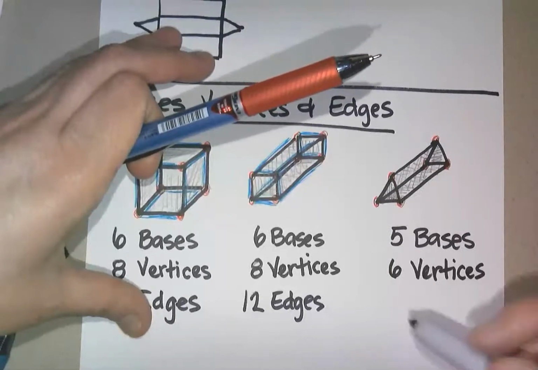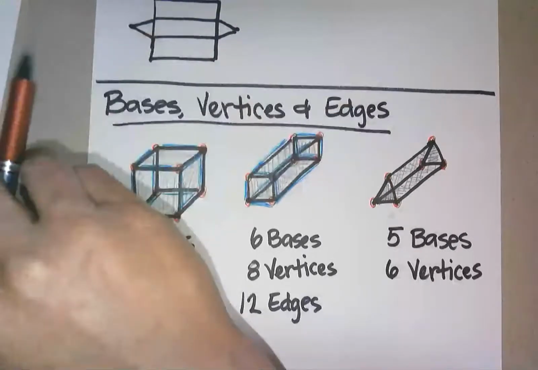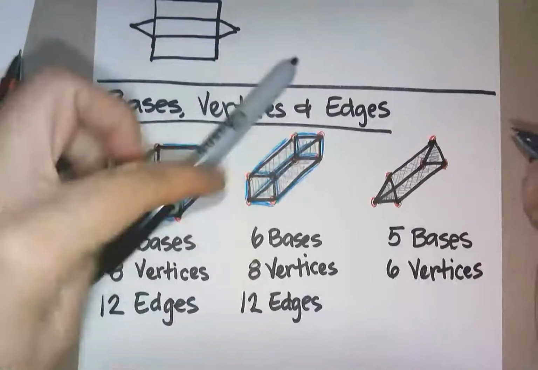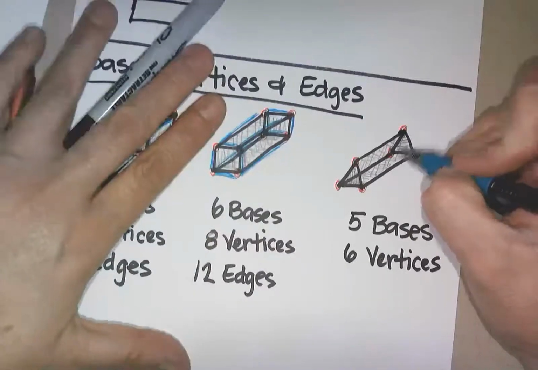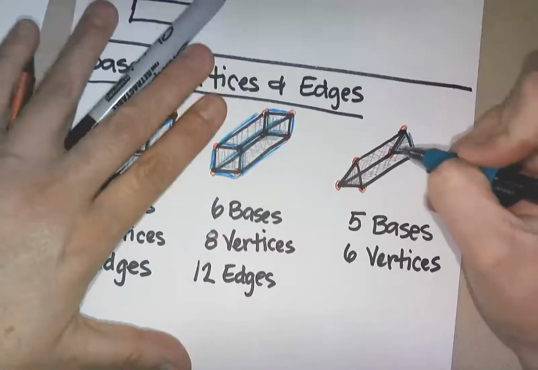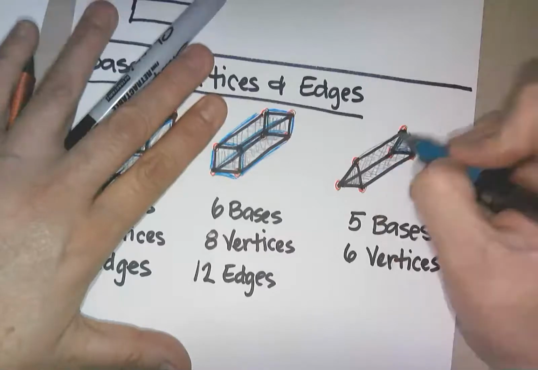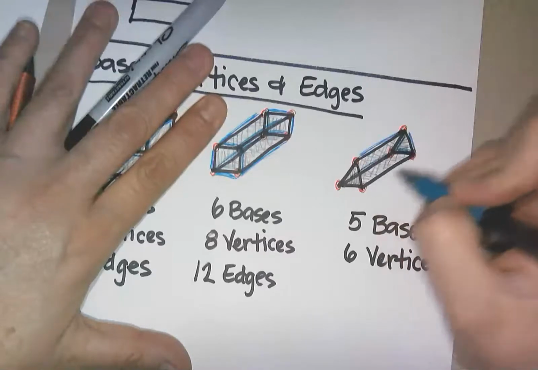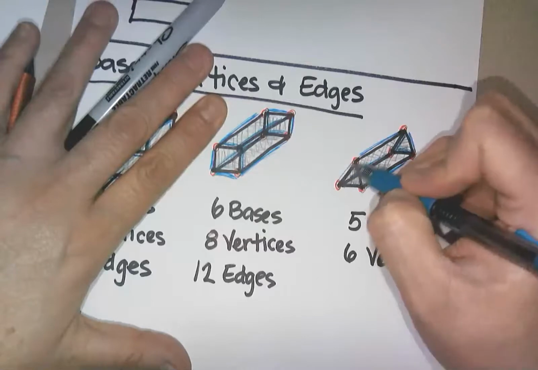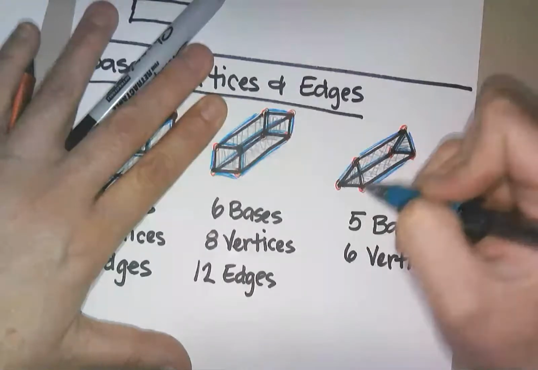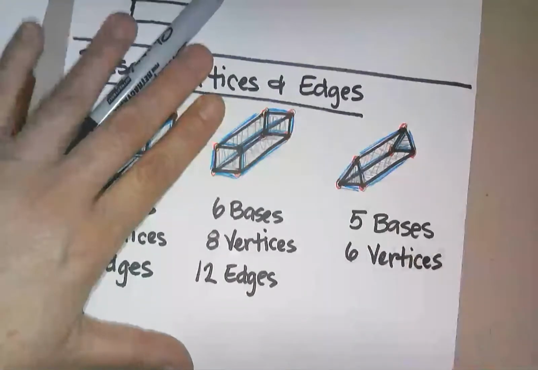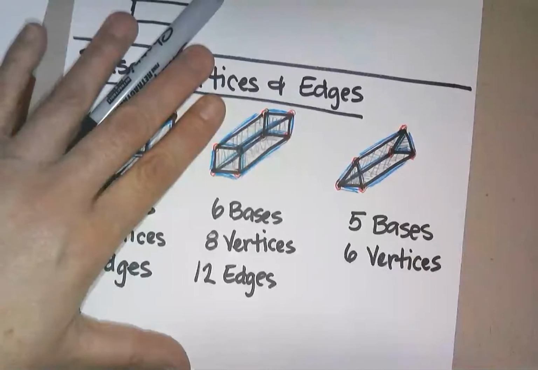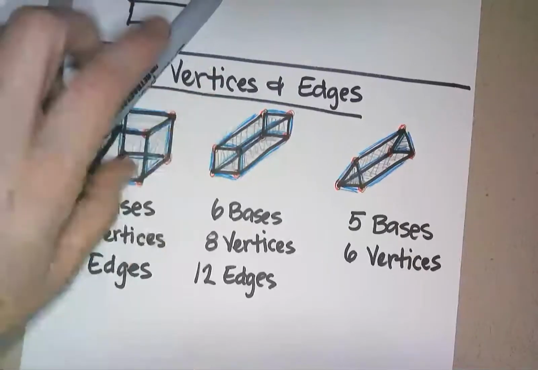And let's go look at the edges. Okay, edges. Let's see. We got the triangle here. We got 1, 2, 3, 4, 5, 6, 7, 8, 9. It looks like we have 9 for our edges.